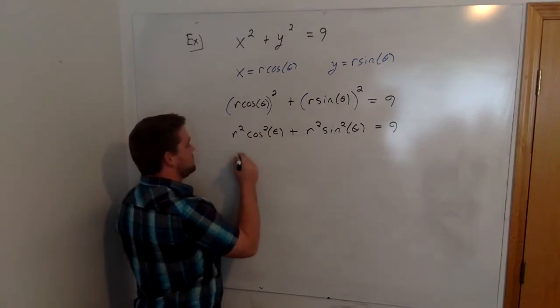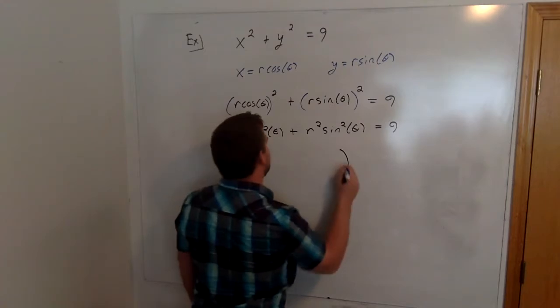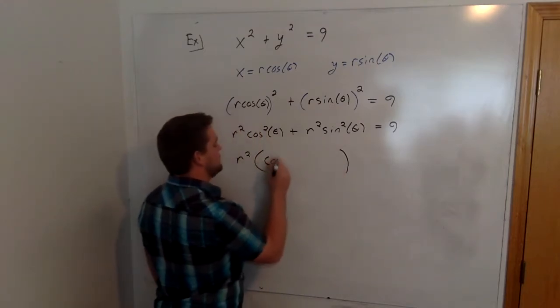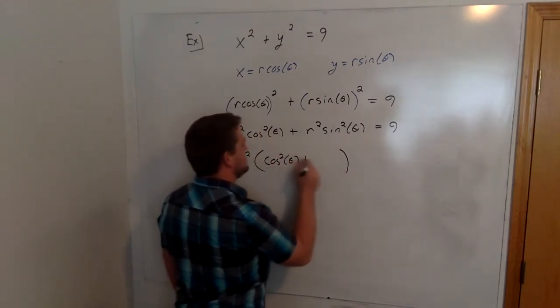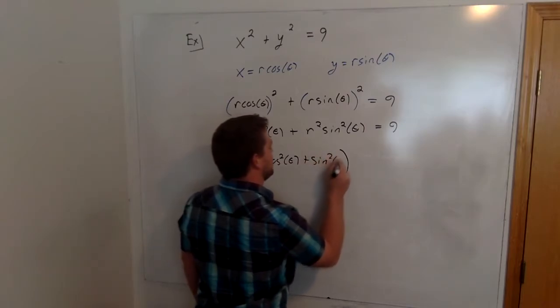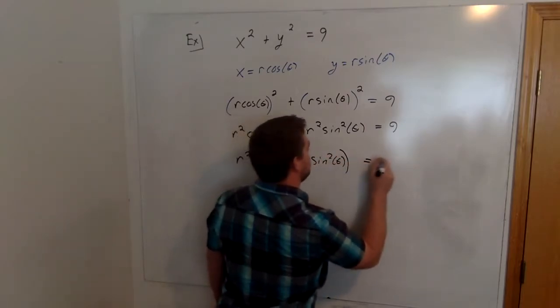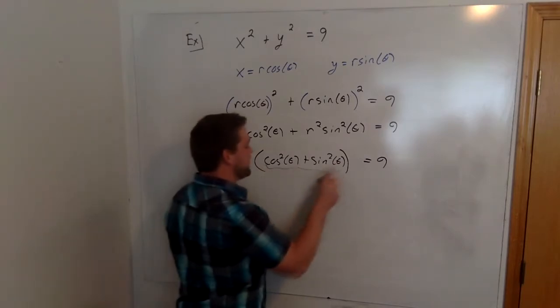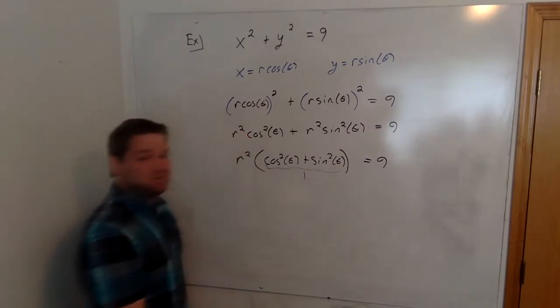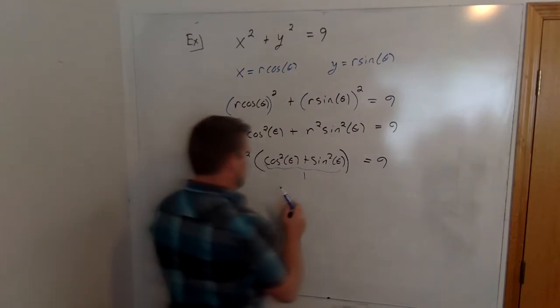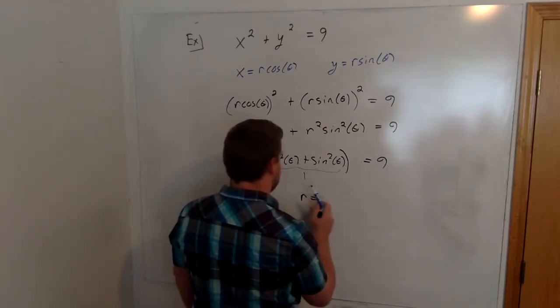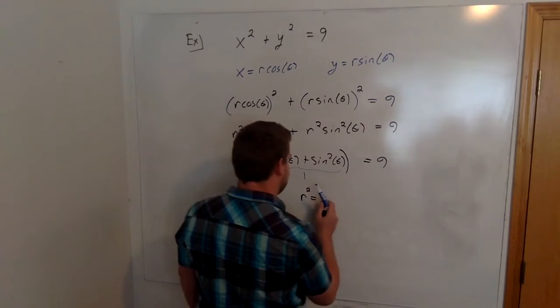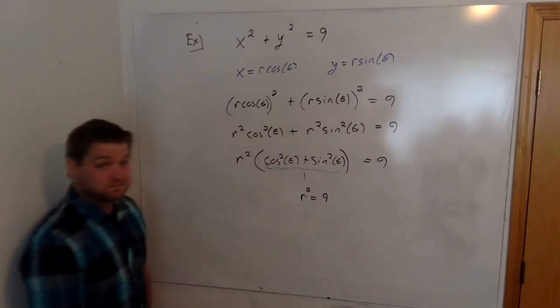So r squared times the cosine squared of theta plus the sine squared of theta is equal to 9. But cosine squared plus sine squared is just equal to 1. So this just comes down to r squared being equal to 9.